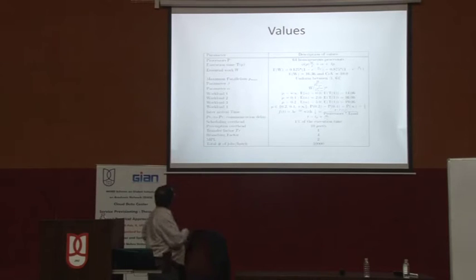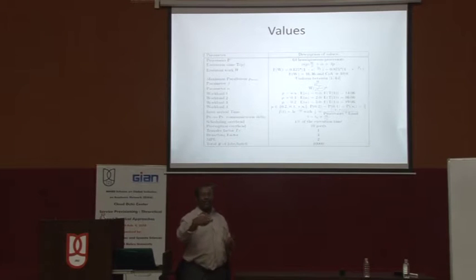Transfer factor. Preemption overhead. So what happens is that, remember, we are talking about virtual machines that share physical machines. When they share, one gets out of the processor, the other one goes in, gets some service, and comes back.